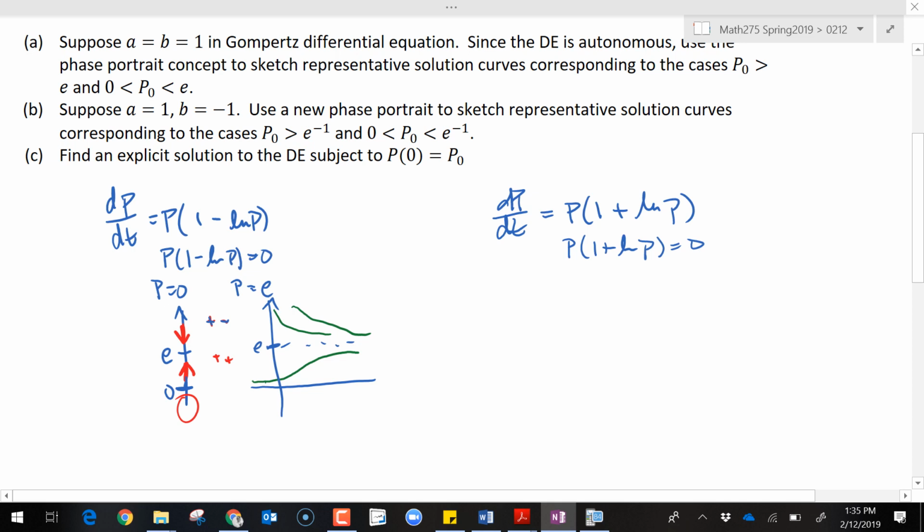And then we're going to get P is equal to 0, and if you solve for the other factor, ln P would be negative 1, and then you take e to the negative first power. Phase portrait, 0, 1 over e. e is like 2.7, and so the reciprocal of that is like 1/3-ish.